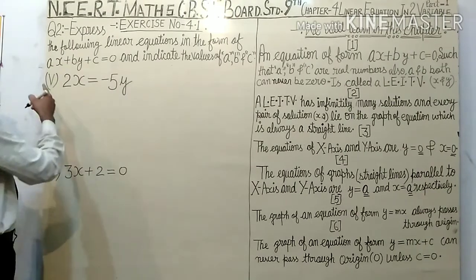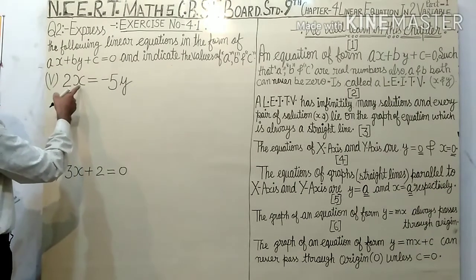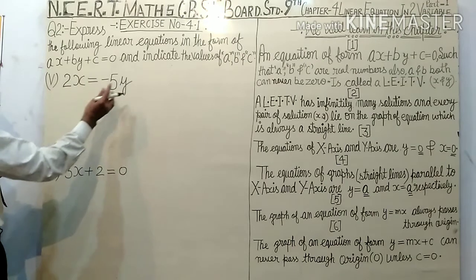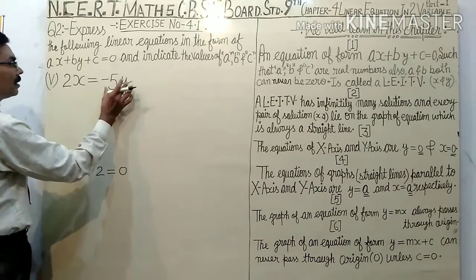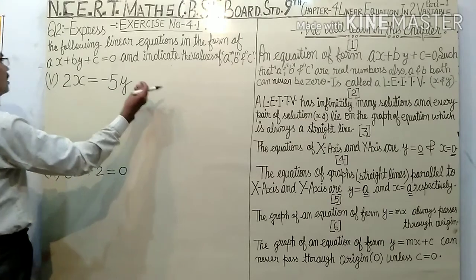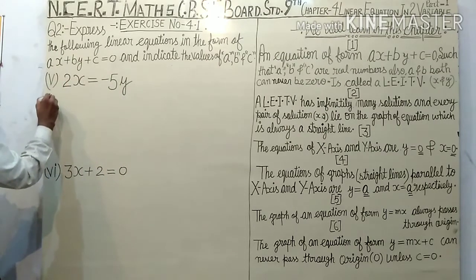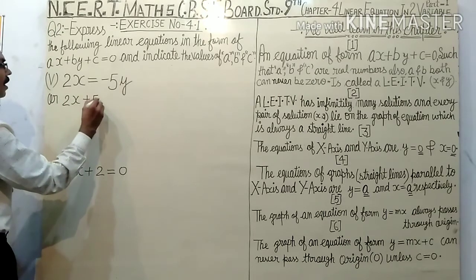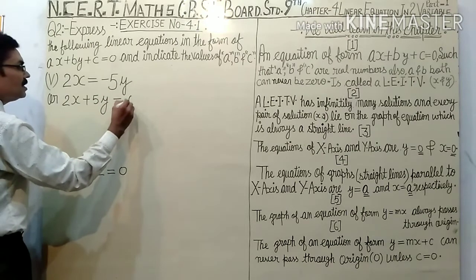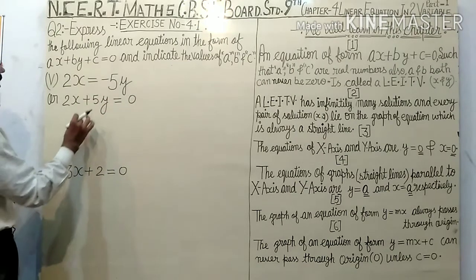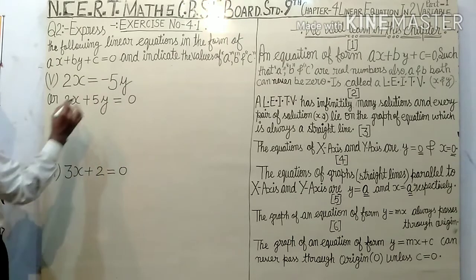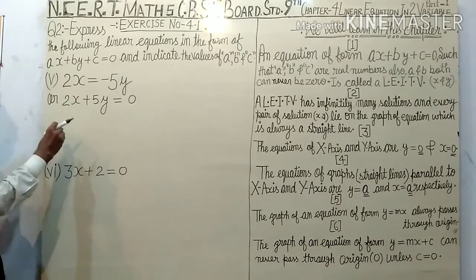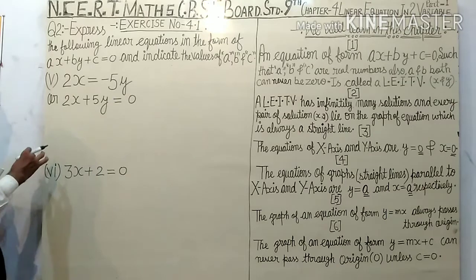And now in fifth part we have been given 2x equal -5y. Students, this equation can be rewritten after transferring the term in the right hand side to the left hand side in the form 2x plus 5y equals 0. Students, this needs to be compared with ax plus by plus c. Here c is missing. So you know very well that any expression can be written +0 or -0 without changing its value.